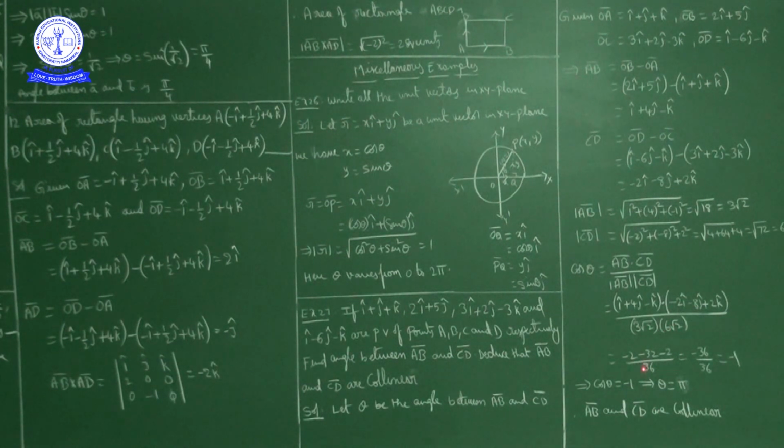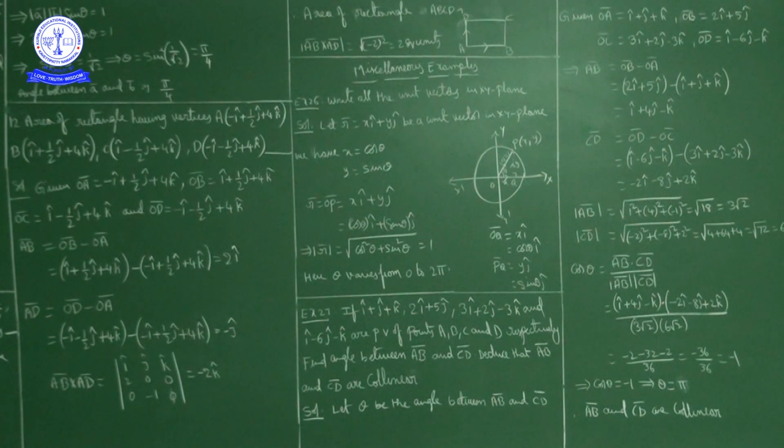18 into 2 is 36, so the denominator is 36. In the numerator, î into minus 2î is minus 2, 4ĵ into minus 8ĵ is minus 32, minus k̂ into 2k̂ is minus 2. The dot product is minus 36. Denominator 36, minus 36 by 36 is minus 1. So cos theta is equal to minus 1.